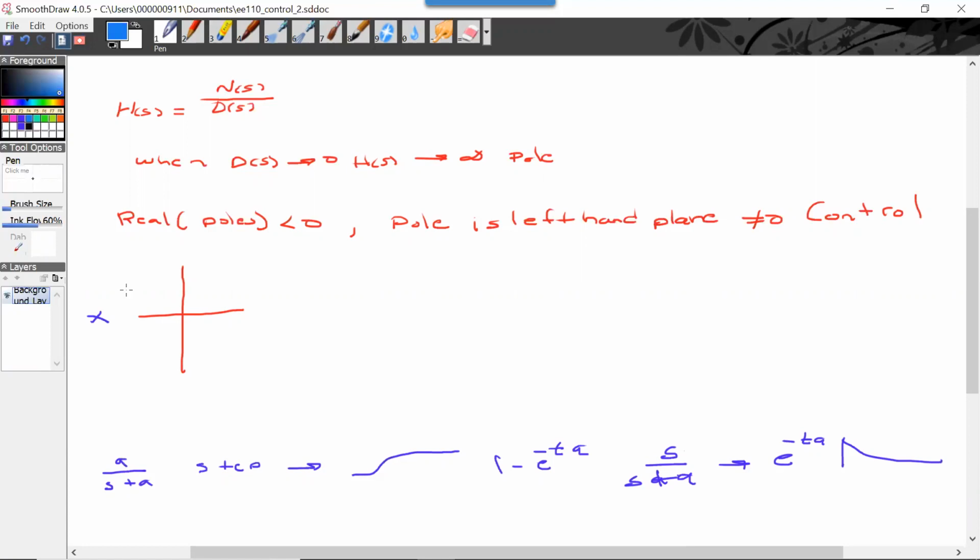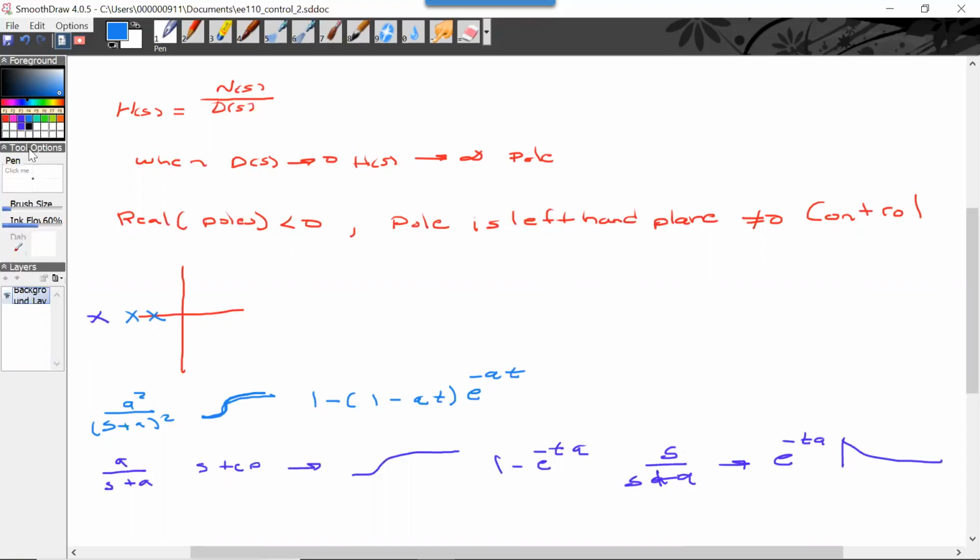Now sure, we can have two poles, which we could have something like this. And now what I'm going to attempt to draw is that second order curve. Eventually this exponential term decays to 0, and we're left with the DC.